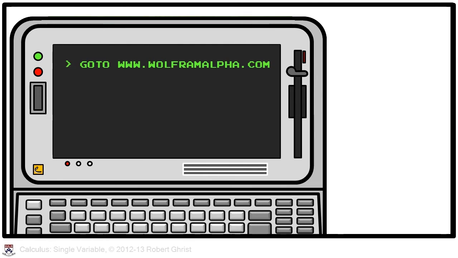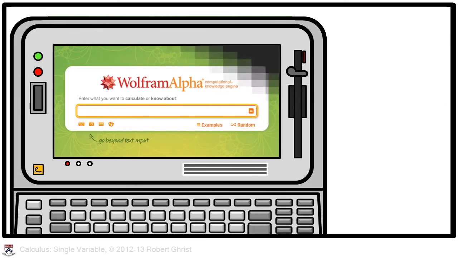If you go to wolframalpha.com, then you'll see a screen come up that allows you to type in whatever you're interested in exploring. You'll have to play around a little bit with some of the mathematics notation involved, but it shouldn't be too unfamiliar. Let's do a simple example, in this case e to the x.